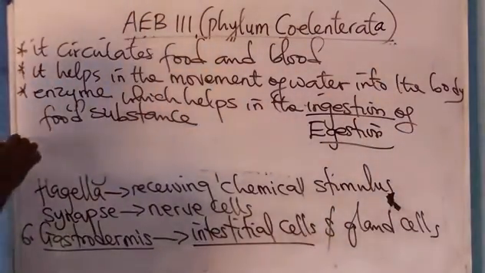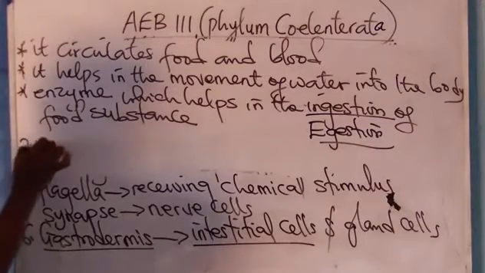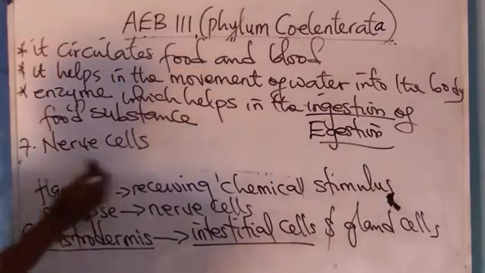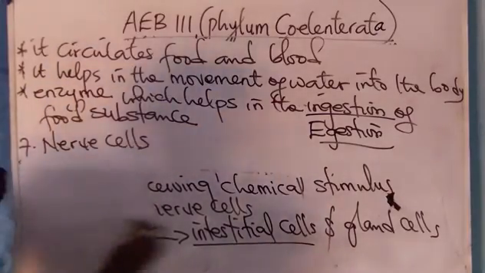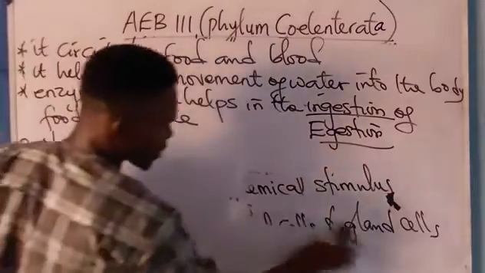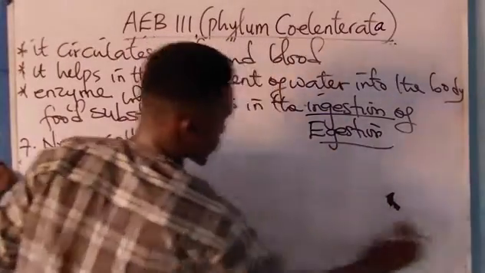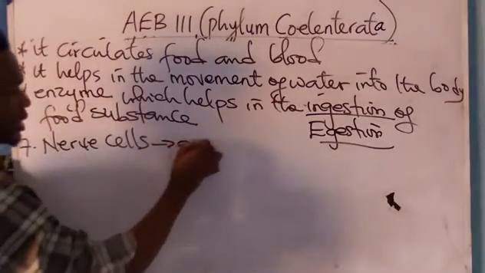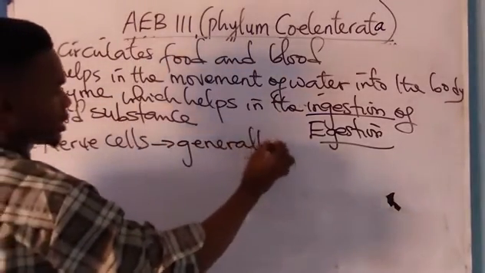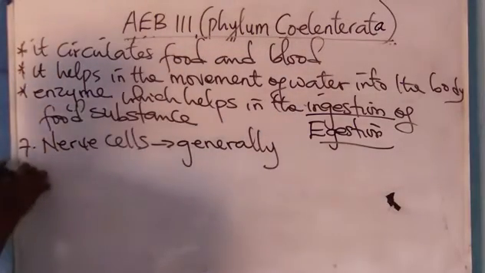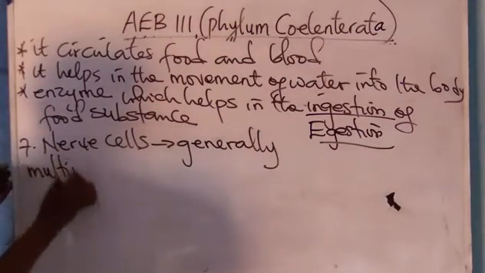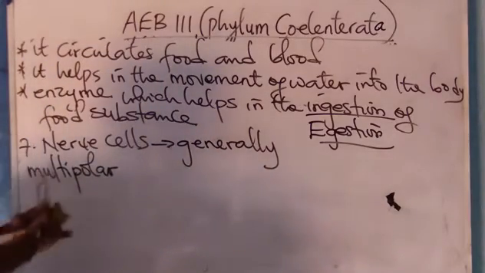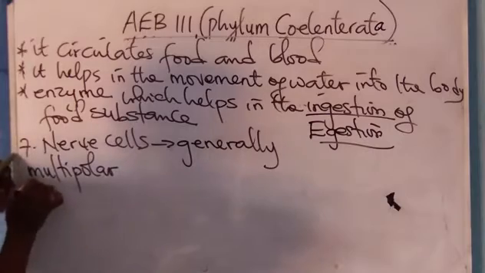Take note of that. Then number 7 now, you have the nerve cells. Generally the nerve cells are what?